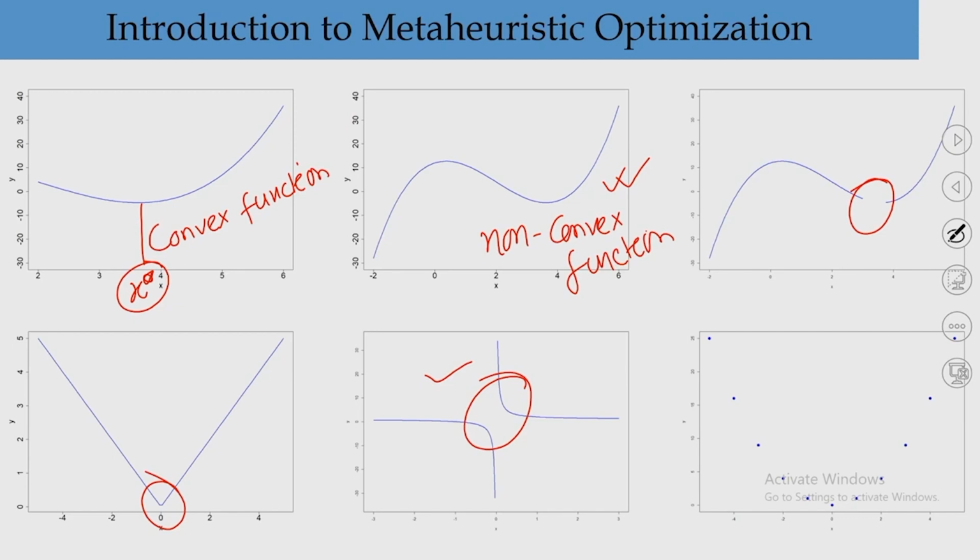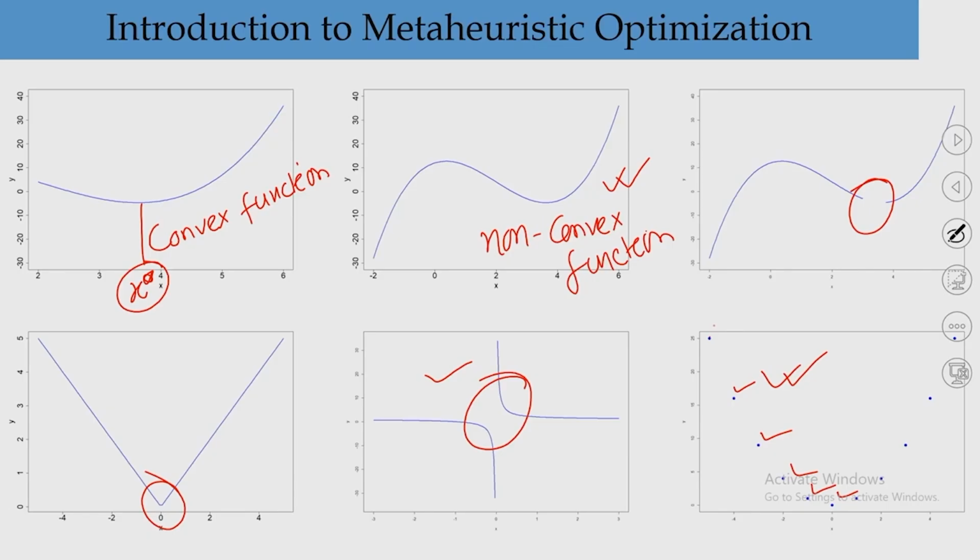And this one has a discrete search space. Solution can be here, here, here, or here. So, this is not a continuous function. You will not be able to apply the gradient based classical optimization technique for finding the optimal solution of this particular problem, because this is discrete in nature.